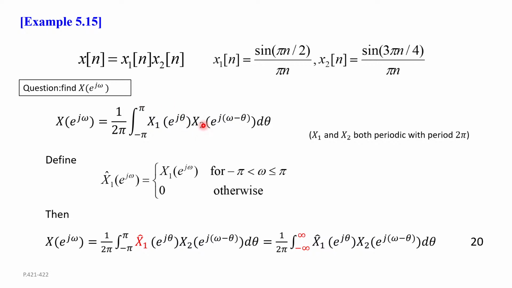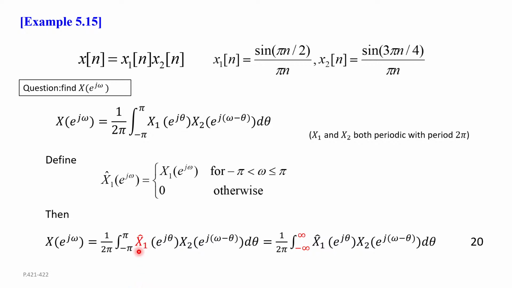So in this formula we have this integration from minus pi to pi of x1 and x2, and now because x1 equals x1 hat on this minus pi to pi interval, right? It's theta between minus pi to pi, x1 equals x1 hat. So we can write, instead of writing x1, we can write x1 hat.